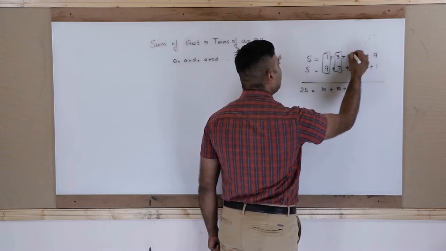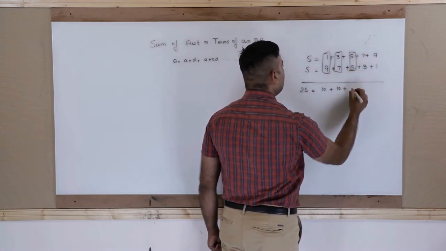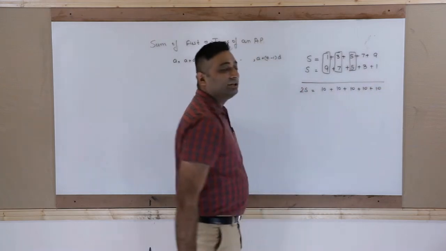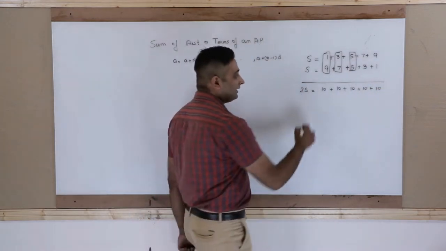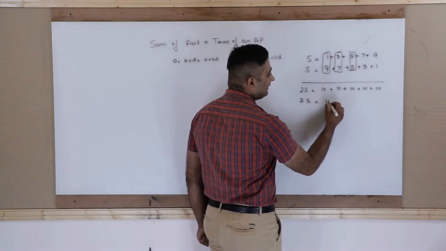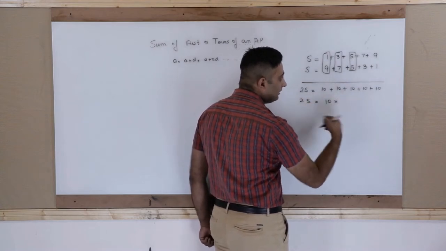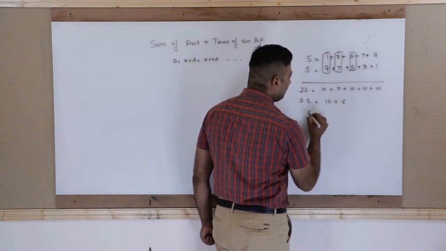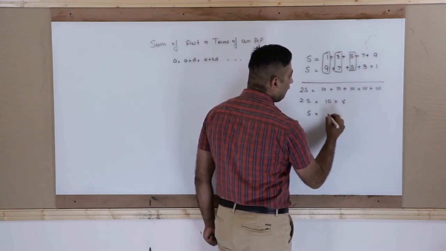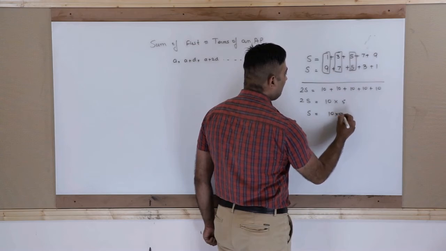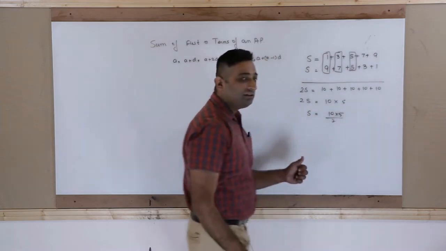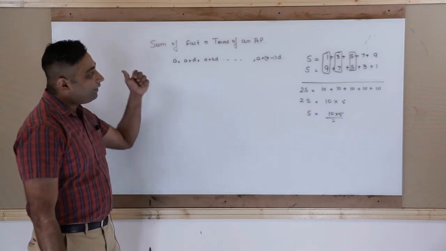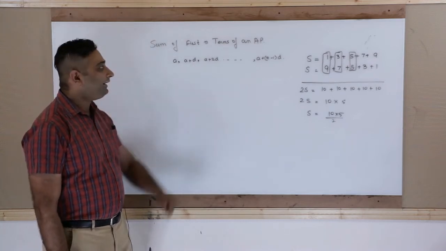So in this way, all the terms will be same. That means now it is very easy to add all these terms. That means now we can find the sum as 10 into the number of terms, that is 1, 2, 3, 4 and 5. So we can easily find the value of S, which is 10 into 5 by 2. So in this way, we will find the sum up to n terms of an AP.